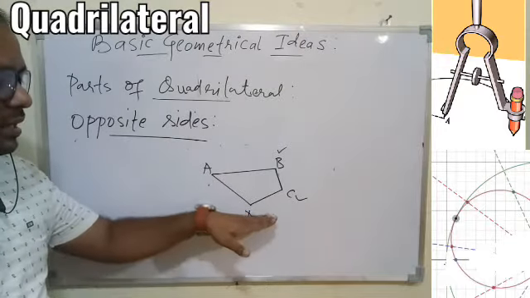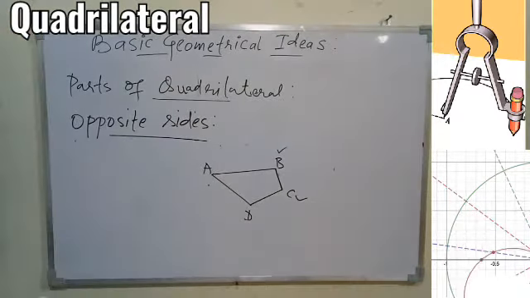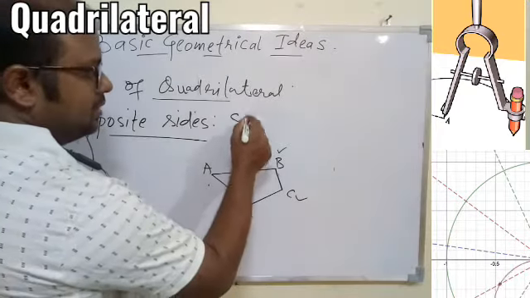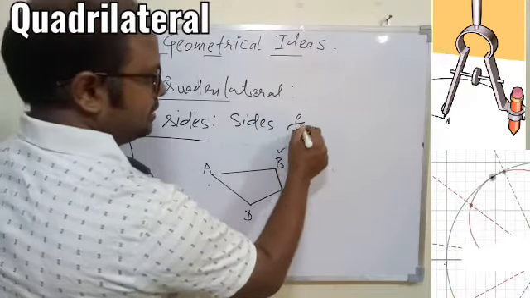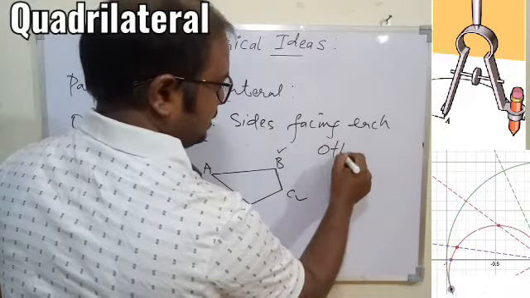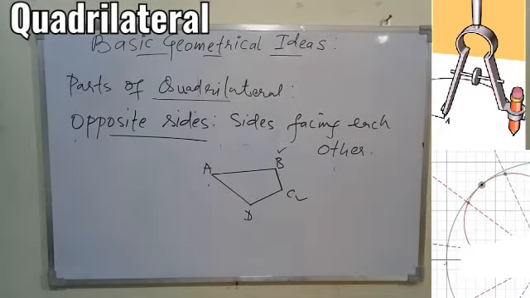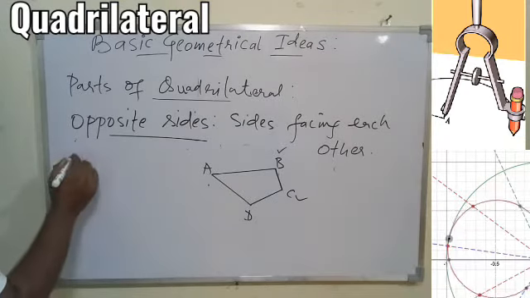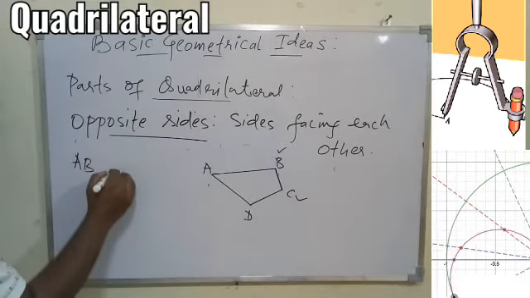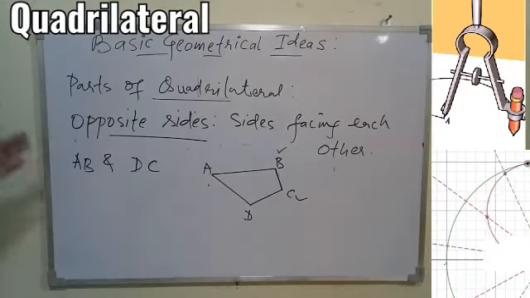AB and CD are facing each other. AD and BC are facing each other. So briefly we can say sides facing each other. This is how we can briefly define it, and here we have AB and DC. This is one pair of opposite sides.